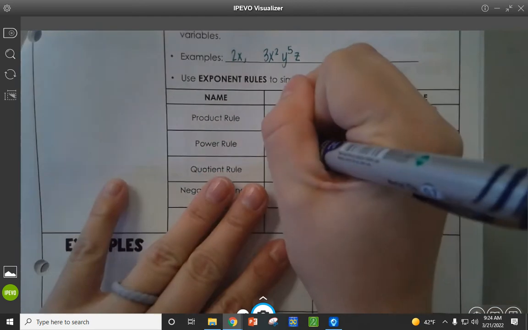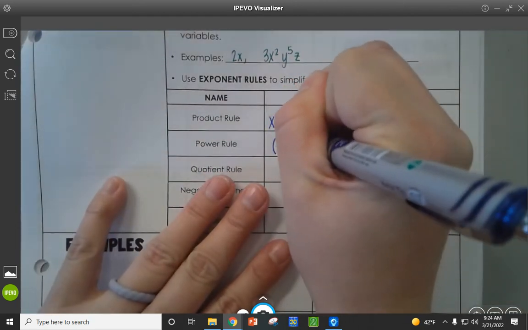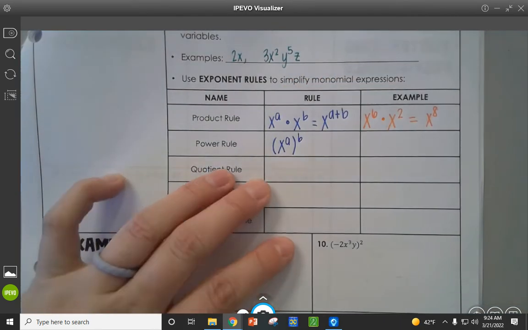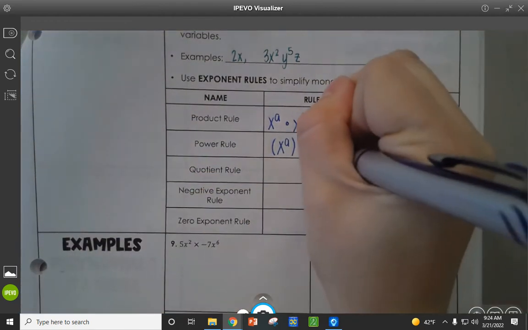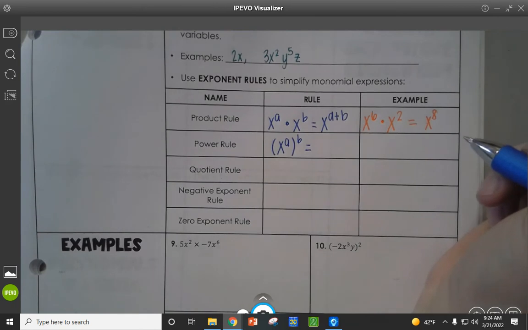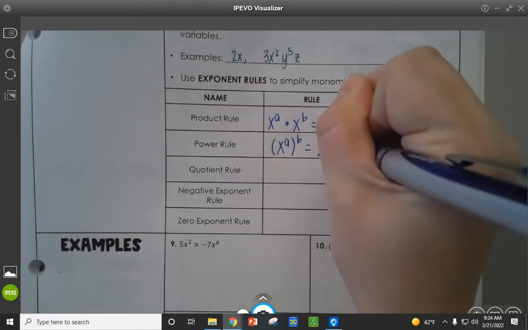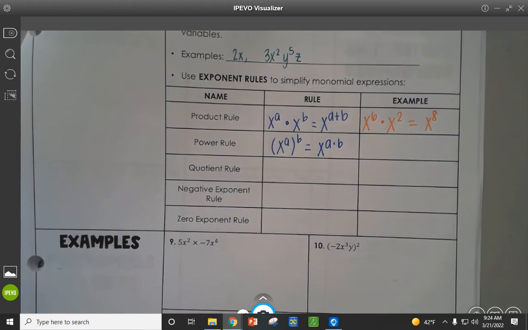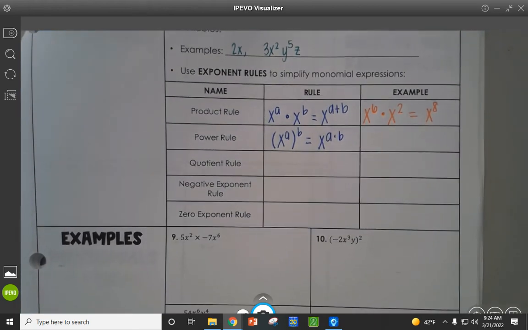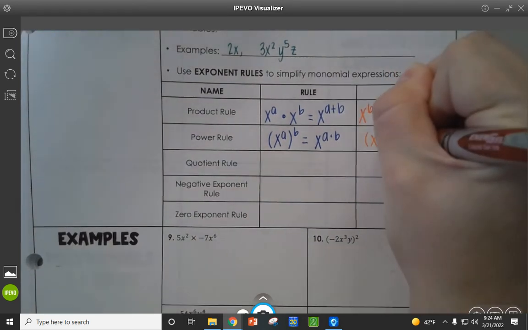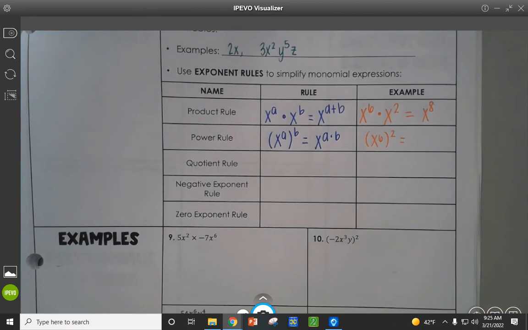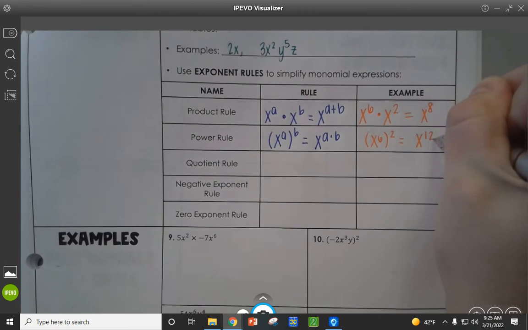The power rule says if I have x to some power and I have another exponent, I raise that to a power. So we have an exponent within an exponent. What do I do with the exponents? Multiply them. This will be x to the a times b. So for example, if I have x to the 6th and then I square that, then it's x to the 12th. Good.